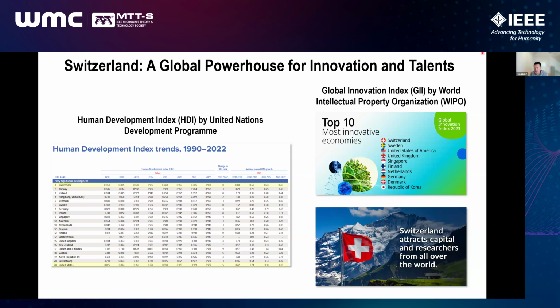At the same time, we can also look at the World Intellectual Property Organization, WIPO, which proposes the Global Innovation Index, and Switzerland is typically always top 1 or top 2, neck and neck with Sweden, of course, and the United States. So as a result, Switzerland, as a small country, attracts a lot of capital as well as top researchers from all over the world.